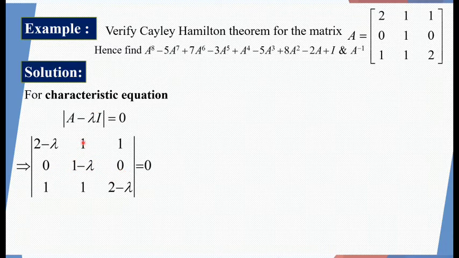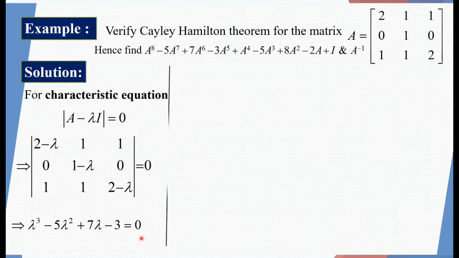So for this element we just have to multiply these two, 2 minus lambda into 2 minus lambda minus 1 into 1, and all multiplied by 1 minus lambda. We get a characteristic equation lambda cube minus 5 lambda square plus 7 lambda minus 3 equals to 0.